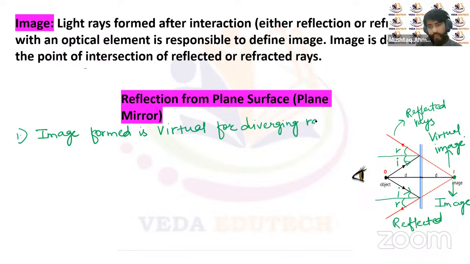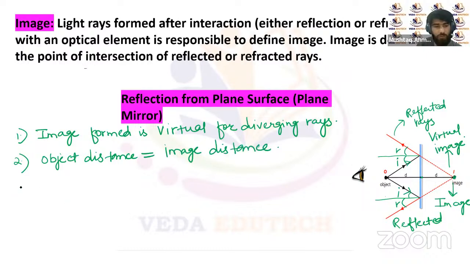And you can see the object is at the same distance from the mirror as the image is from the mirror. The distance of the image from the center of this mirror is d, and the distance of the object from the center of the mirror is also d. So in case of a plane mirror, object distance is always equal to image distance.